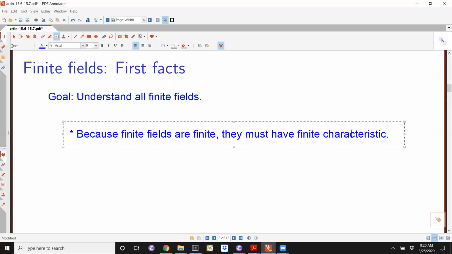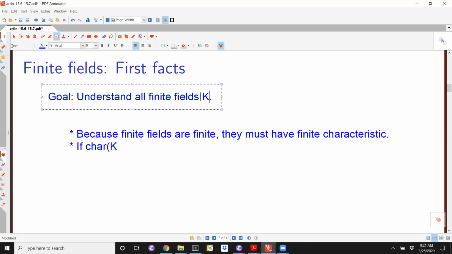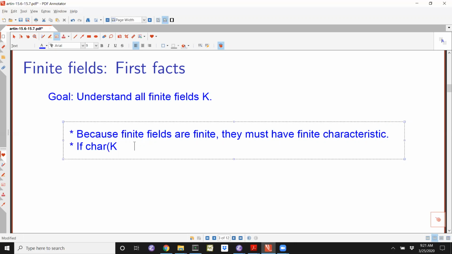Let's make K be our standard name for a finite field.